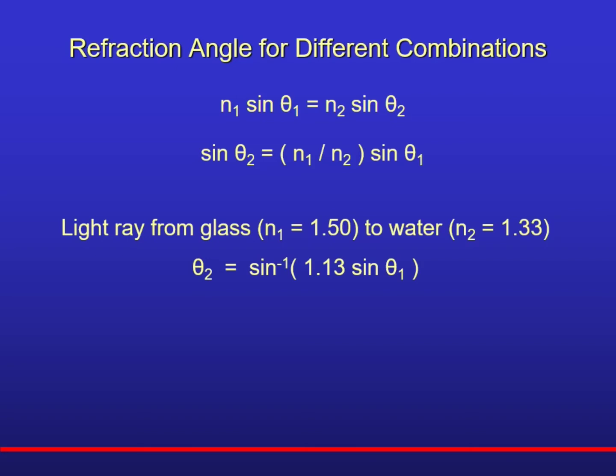So here we have a light ray going from glass, n1 equals 1.5, into water, n2 equals 1.33. So theta 2, if you do that ratio, n1 over n2, 1.5 over 1.33 is 1.13. So theta 2, if you look at those equations, will be sine inverse of 1.13 sine theta 1.